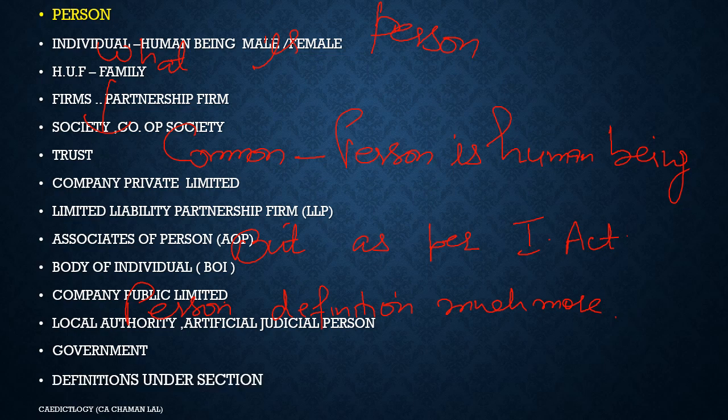So all these are persons in the eyes of the Income Tax Act. In future, where we use person, it means all these are included. If we mean human beings, then we must write individual, not person.